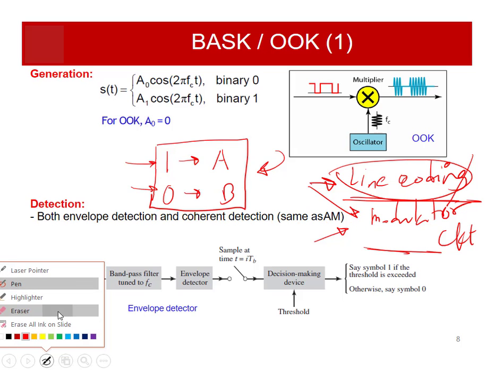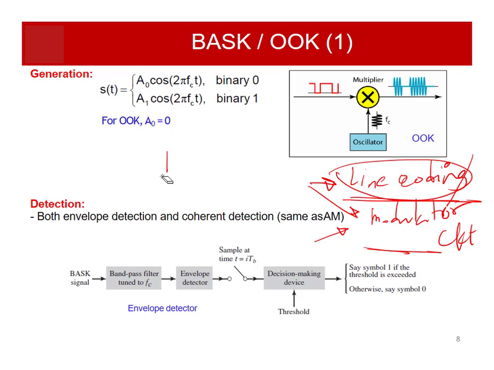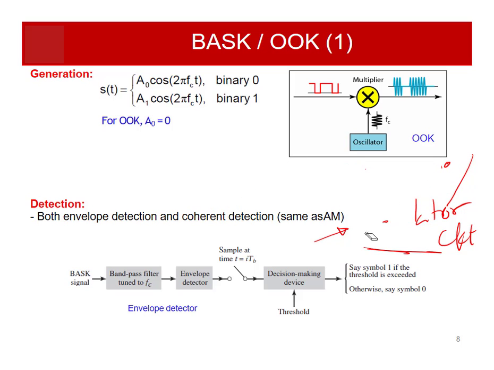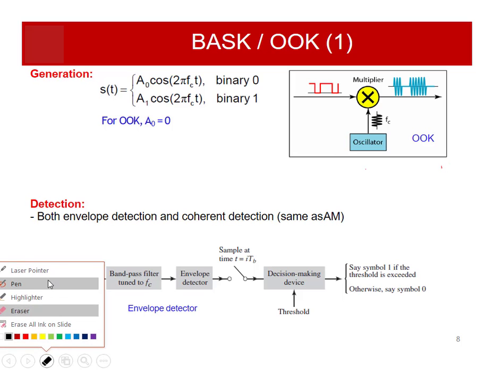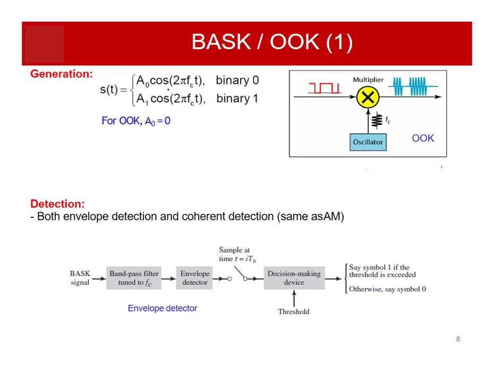So basically, on the left side is the general equation for amplitude shift keying. You can see that S(t) is the amplitude shift keying modulated signal. There are basically two different types of waves, one for the 0 bit and one for the 1 bit.